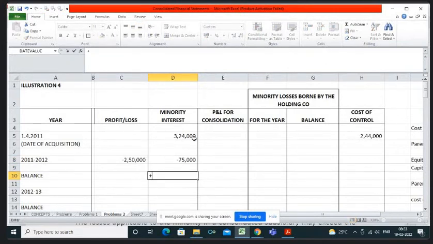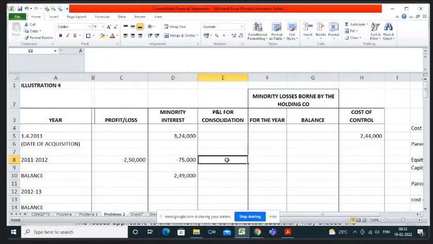Then what will be the minority interest for the purpose of consolidation? It will be 3,24,000, and this 75,000 loss will become 2,49,000. How much should be included in the consolidated profit and loss account? 2,50,000 into 70%.